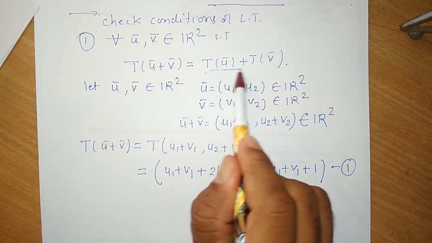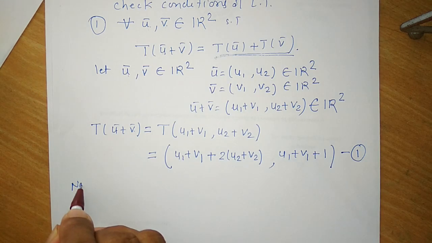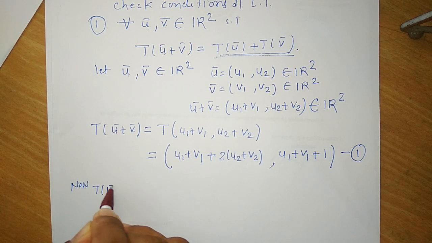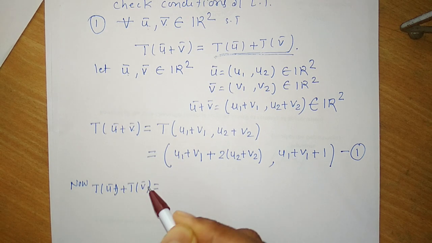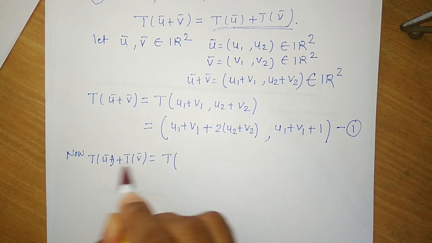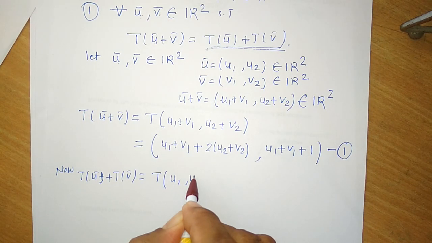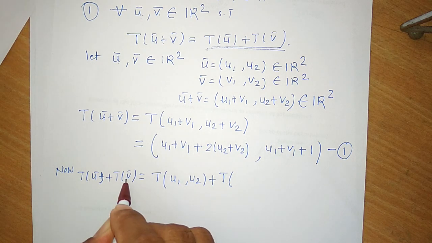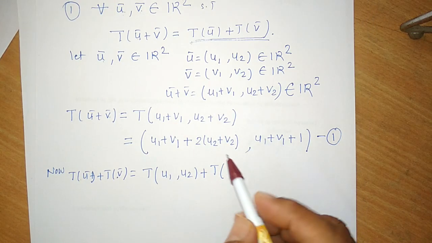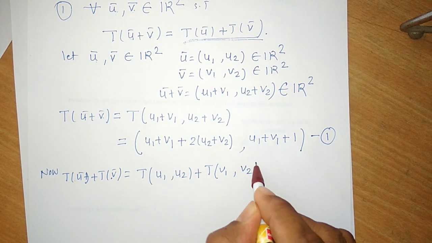Now we calculate the right side, T of u bar plus T of v bar. T of u bar means T of u1, u2, plus T of v bar means T of v1, v2.